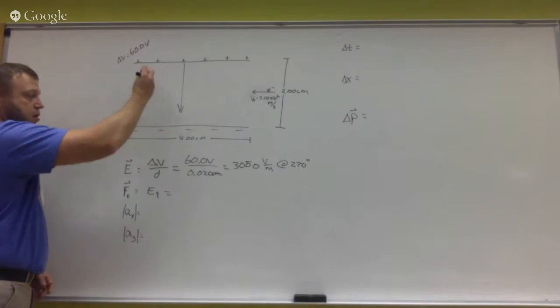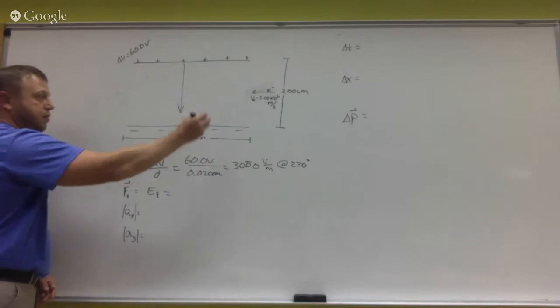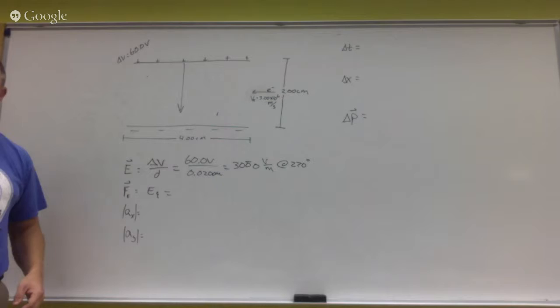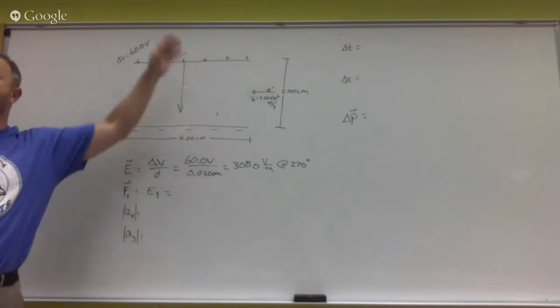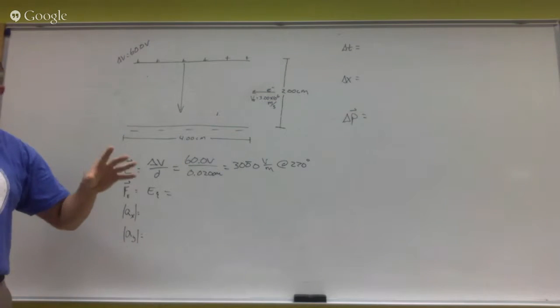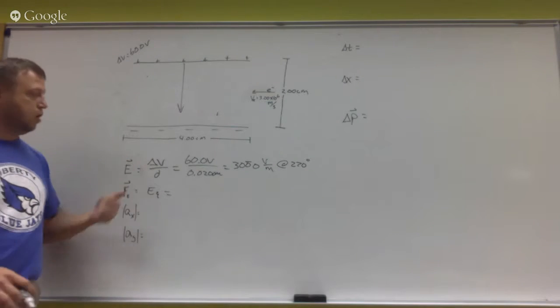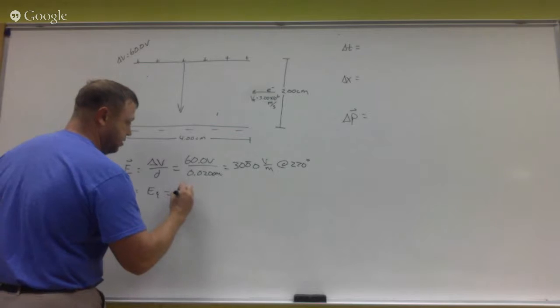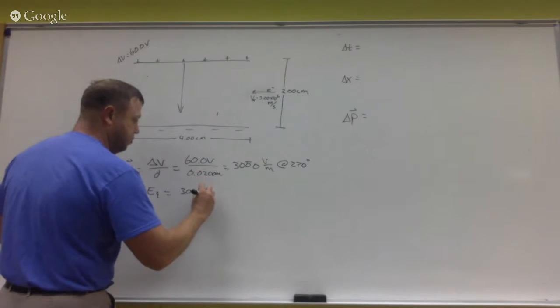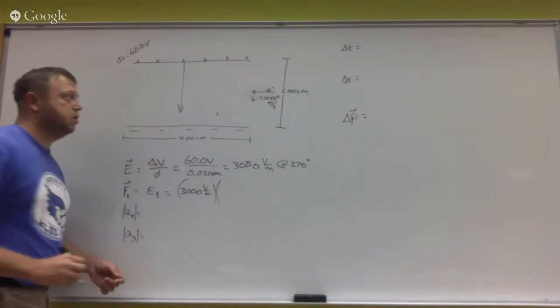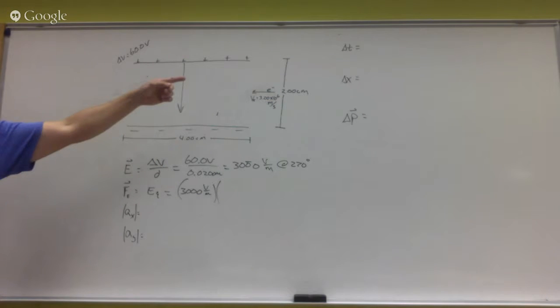Field right here, 3,000 volts per meter at 270. Field right here, 3,000 volts per meter at 270. Doesn't matter how far I'm away from the positive plate, the field stays the same. So the force is always constant, right? So EQ, 3,000 volts per meter times the charge of the electron.